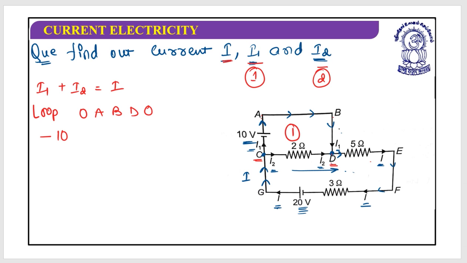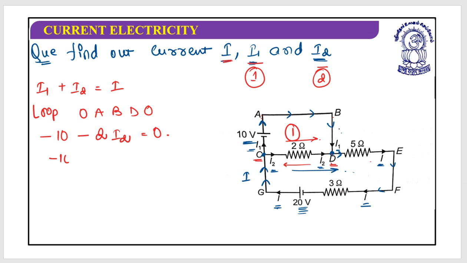From A to B, nothing. From B to D, nothing. And from D to O, it is the current I2 that is moving in this direction and I need to move in the opposite direction, so I need to write down the minus. It's minus 2 into I2, it's I into R, and that should be equal to 0.